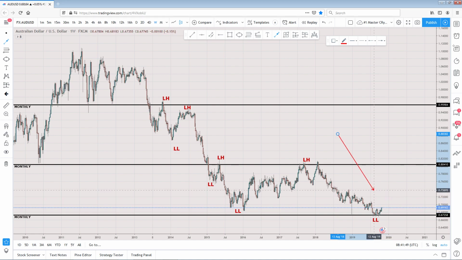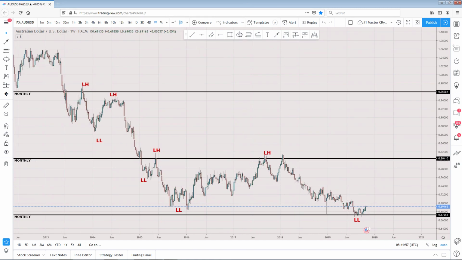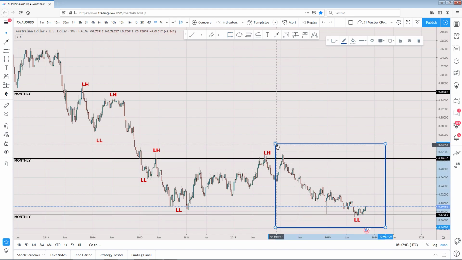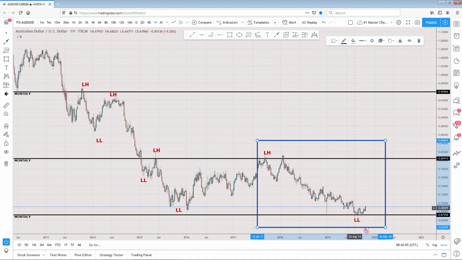Now again, let me delete this tool and let me put a box around this level here, between this lower high and lower low. We're going to drop down now from the weekly time frame to the daily.